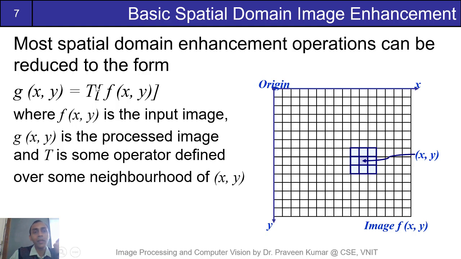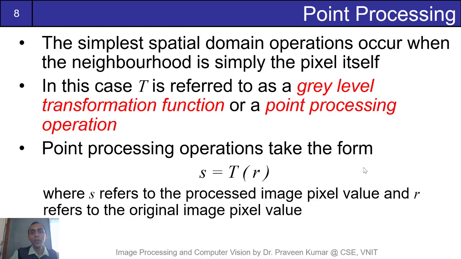This transformation operator may be defined either just over that pixel itself or over some neighborhood of that pixel. For now, we are only going to consider that particular pixel, not the neighborhood. When we consider just that pixel, it's called point processing operations or simple gray level transformation functions.